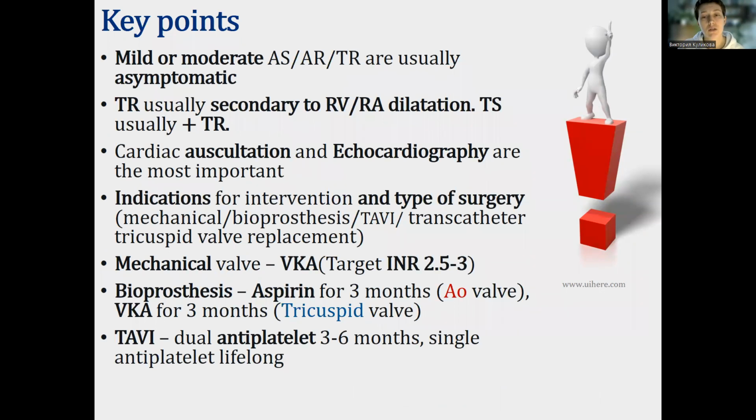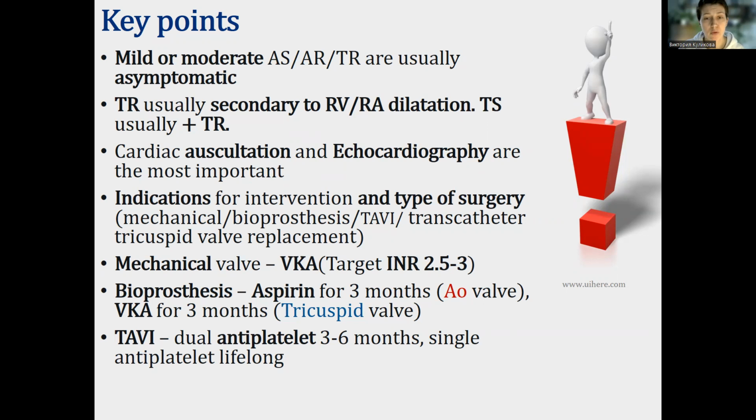Tricuspid stenosis usually occurs with tricuspid regurgitation. Cardiac auscultation and echocardiography are the most important. Mind the indications for intervention and type of surgery: mechanical, bioprosthesis, TAVI, transcatheter tricuspid valve replacement, etc.